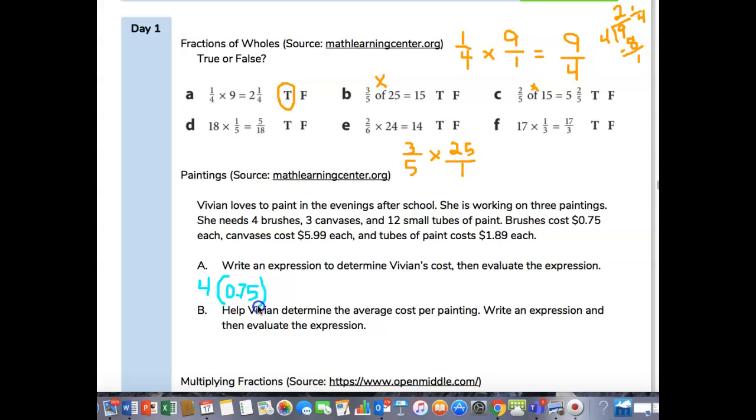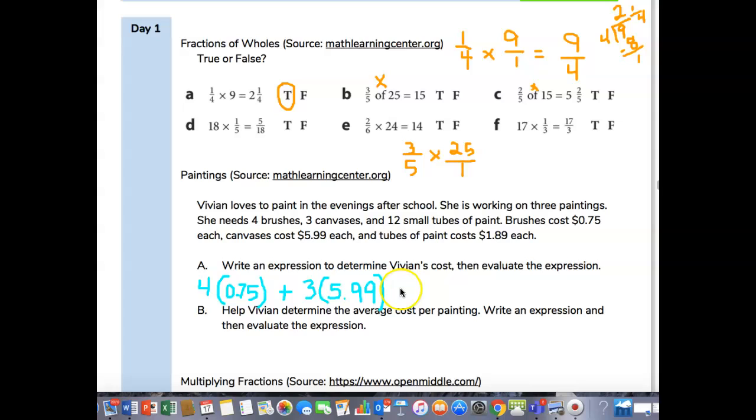Okay? All right, now we have to add, what do we go to next? 3 canvases. 3, and then how much were the canvases? $5.99 each. Canvases are what she's painting on. All right. Okay, are we done?